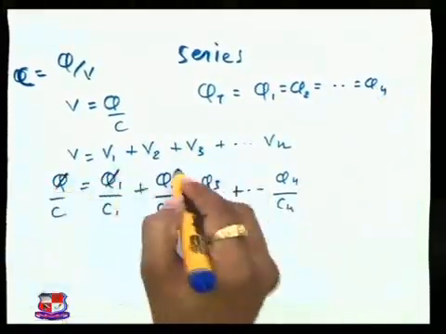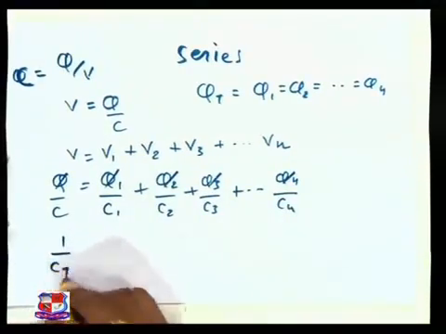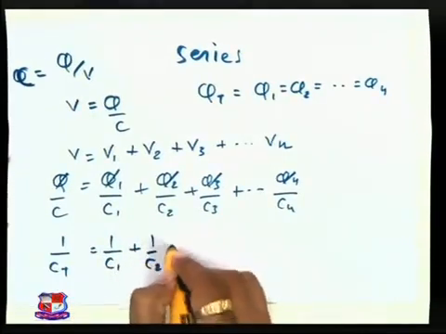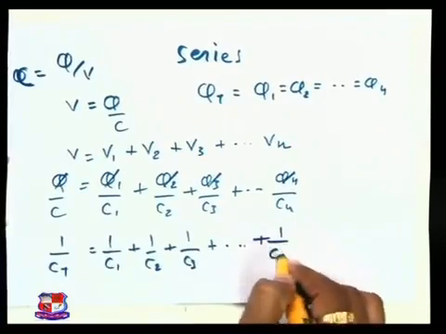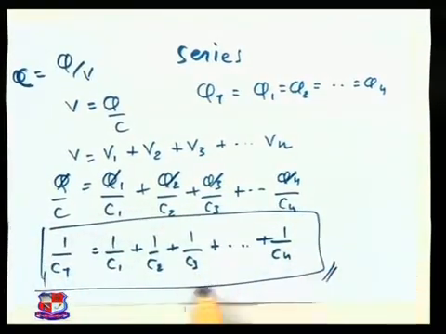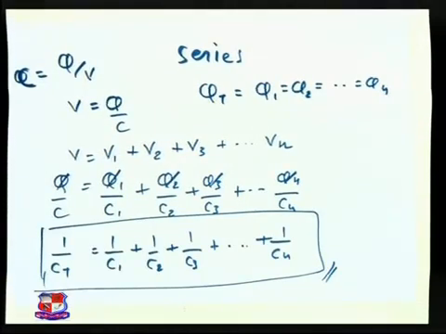So just cancel out all the values of Q, and we can see that 1 by C total equals 1 by C1 plus 1 by C2 plus 1 by C3 up to 1 by Cn. This is the final equation for capacitance whenever you are connecting capacitors in a series form.